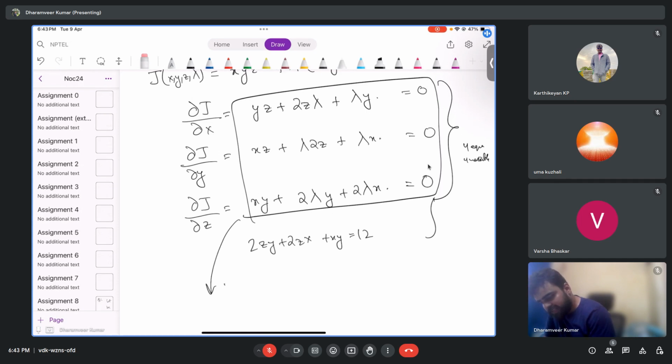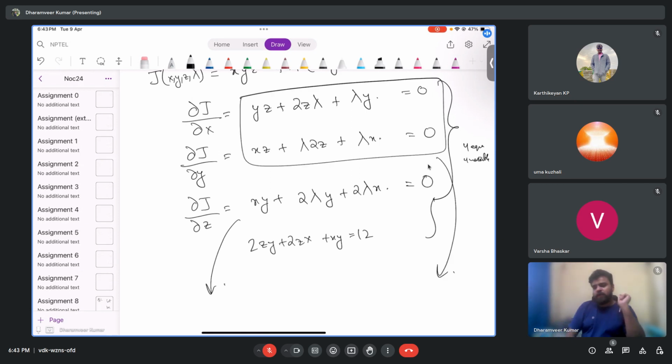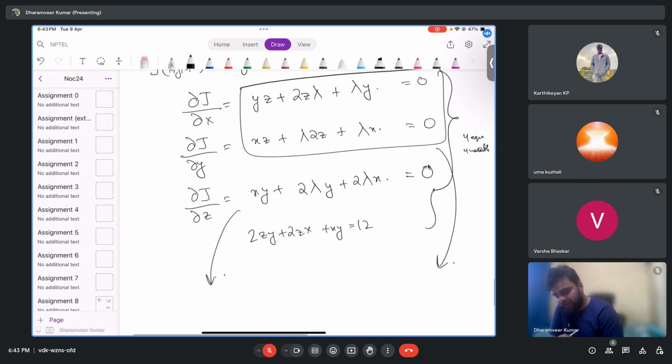There is yz, xz and xy. So from the first two equations, what is common in there? Z. Let's eliminate z.